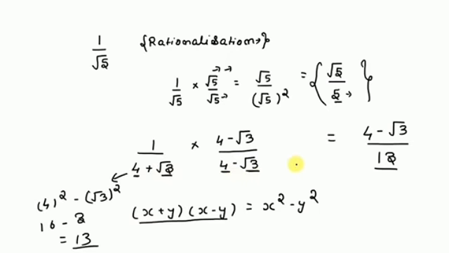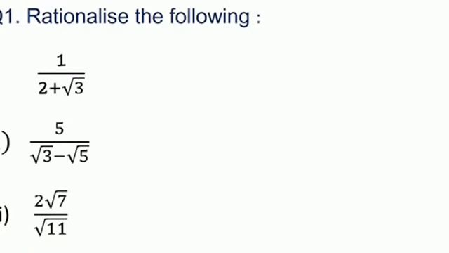Now what will happen if the denominator is 4 minus root 3? At that time you have to multiply it by 4 plus root 3. Let us look at some examples. The first question is 1 divided by 2 plus root 3. Here the denominator is 2 plus root 3.